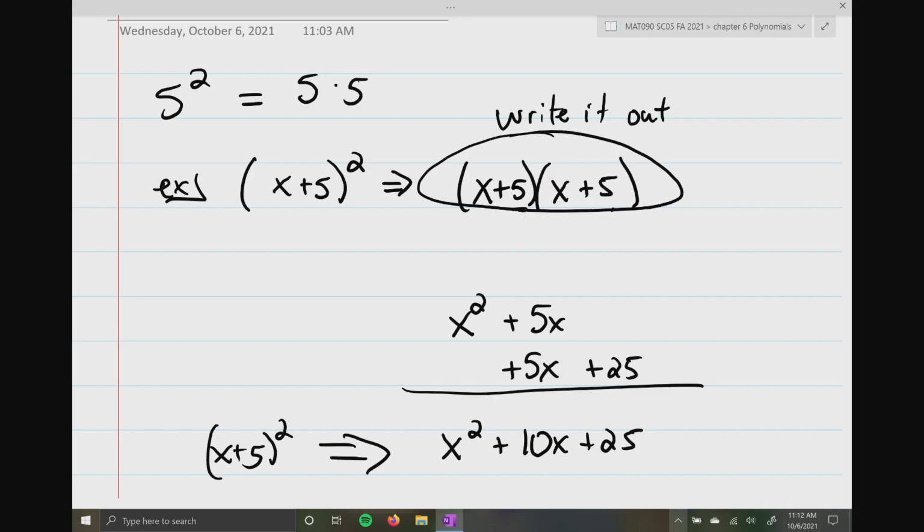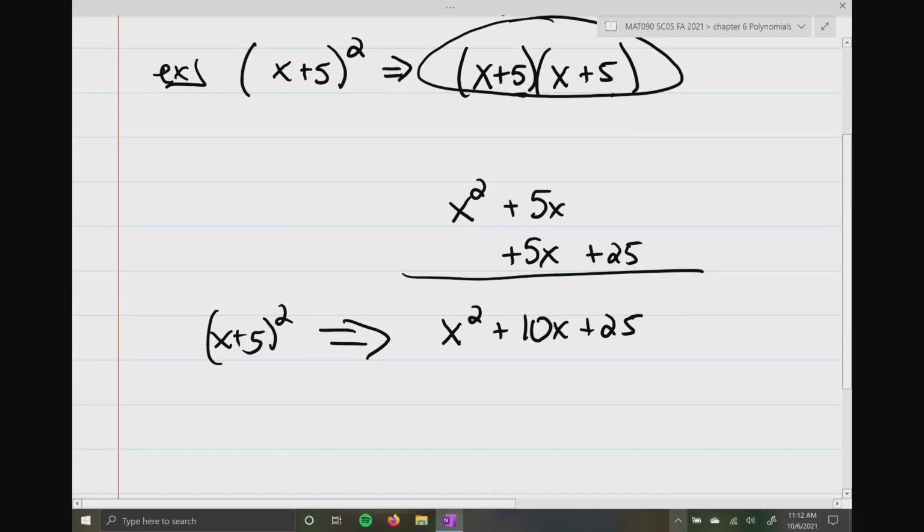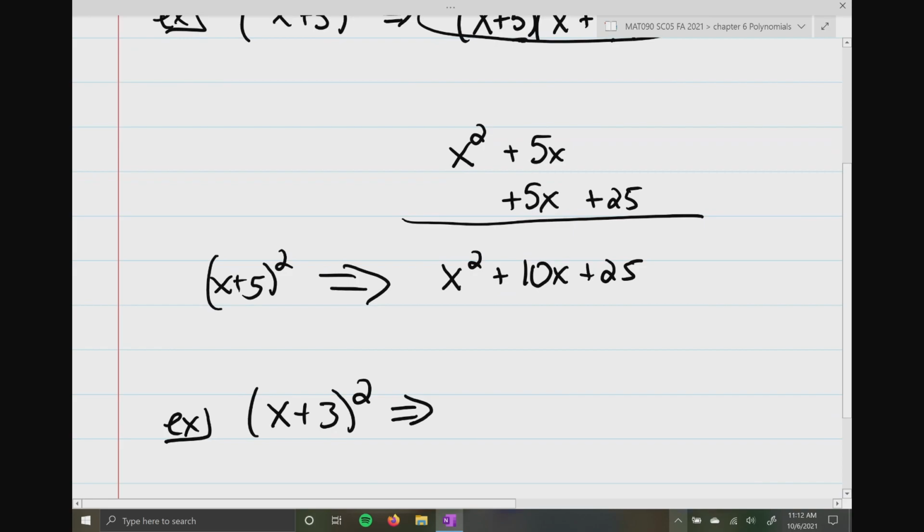Okay? Here's a problem for you to do. The quantity x plus 3 to the second power. Please do that.